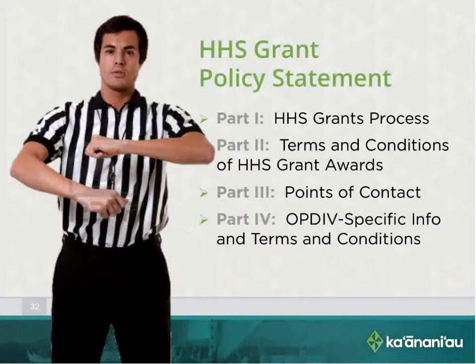So I really do find that to be a very interesting document to read, once you've made it through the regs and the cost principles. And then part 3 and part 4 really are specific to federal employees.